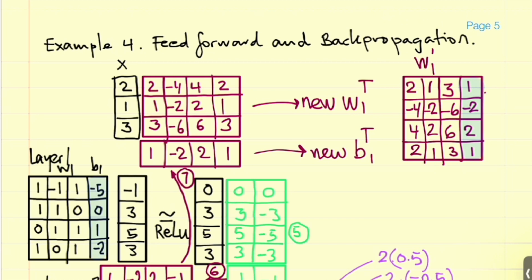The next thing would be to substitute this here and do the whole thing again until we find some convergence. Okay? This is deep learning, or a multi-layer perceptron.